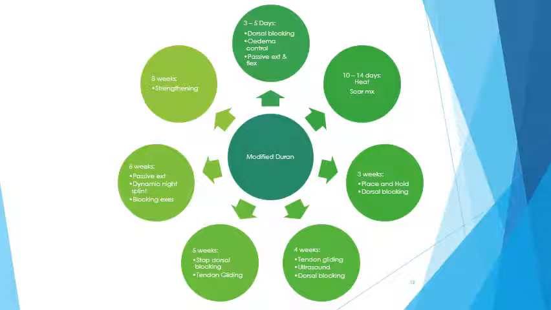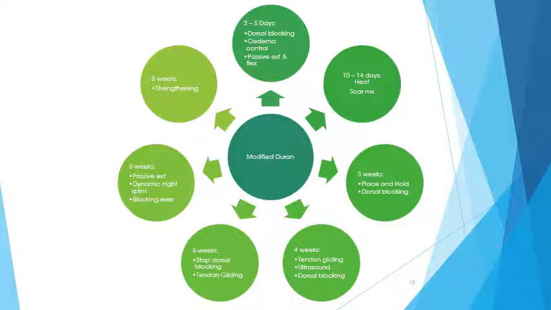At 4 weeks, the modified Duran starts including tendon gliding exercises. Ultrasound can be commenced, and the dorsal blocking splint is stopped at 5 weeks. All the previously mentioned exercises are still continued, as well as the tendon gliding exercises.